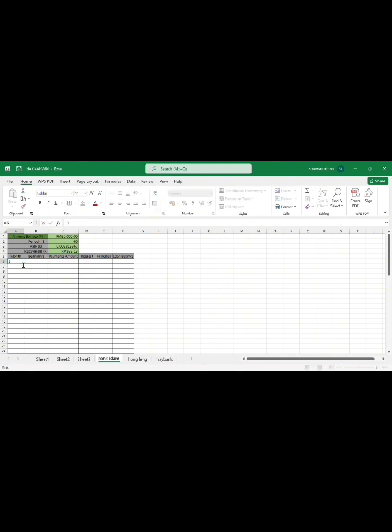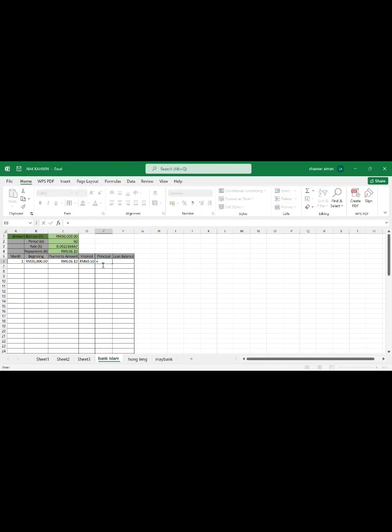For the first month, the beginning is 30,000. And the payment amount is equal C4. As you guys can see, it is just the same as repayment. For the interest, the formula is equal B6 times C3.